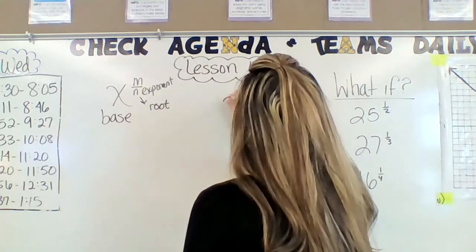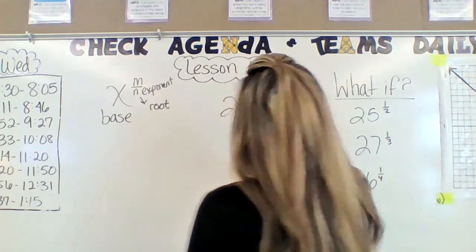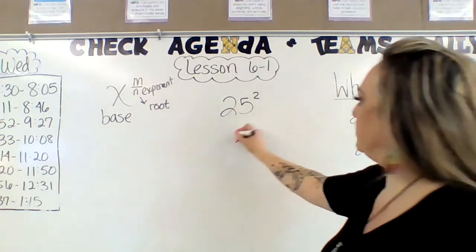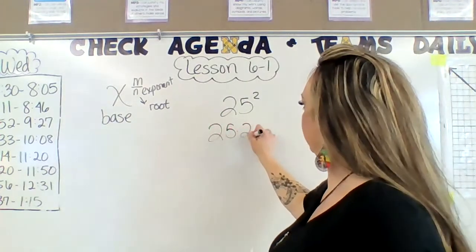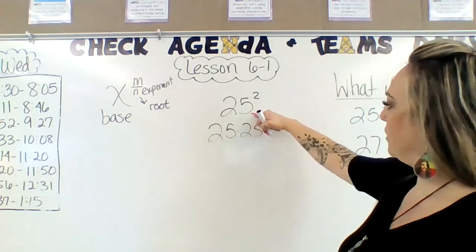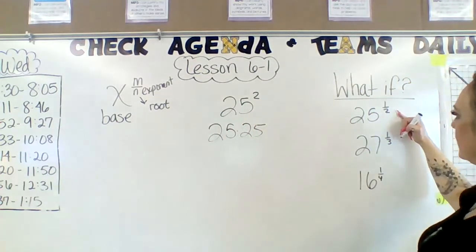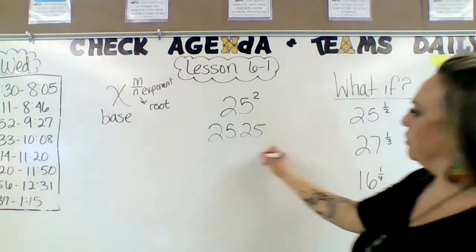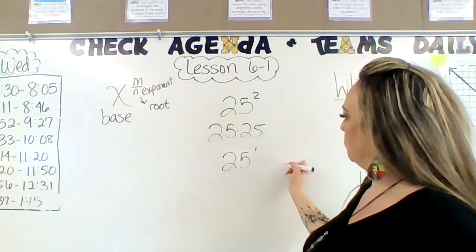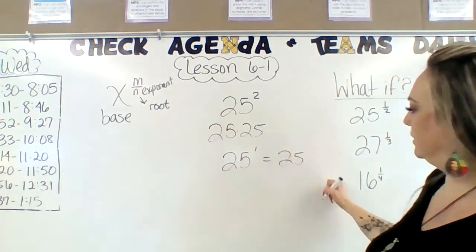Well, think about if we had the number 25 squared. This would mean 25 times 25. So we're taking two of those. But let's compare that to now half. Well, 25 to the power of 1 is just 25.